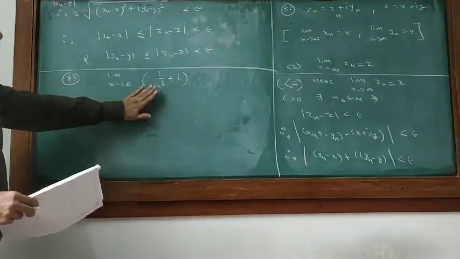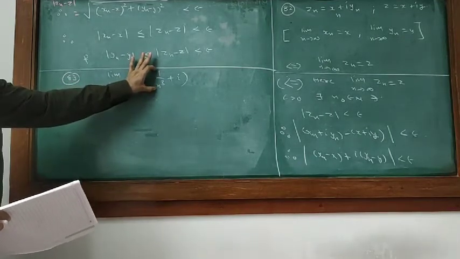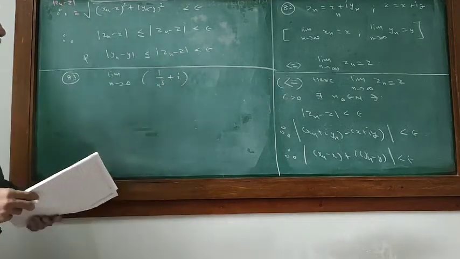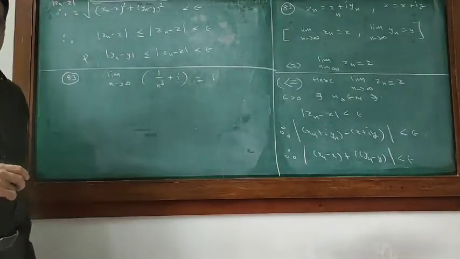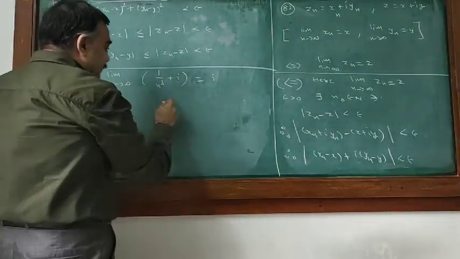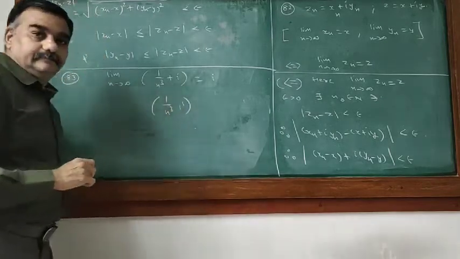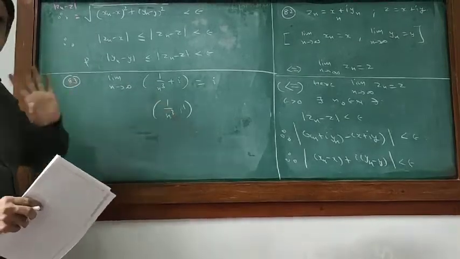As n tends to infinity, this value is 0 and this value will be i itself, so obviously this is i. But what is it actually? It is (1/n cubed, 1).